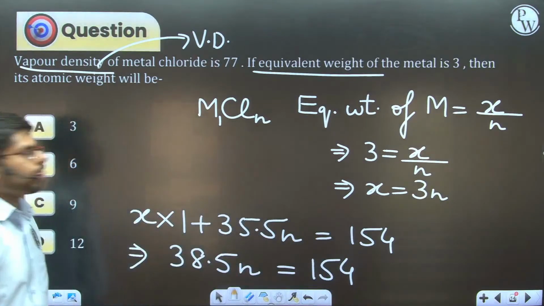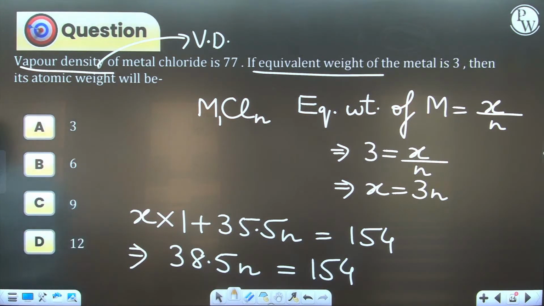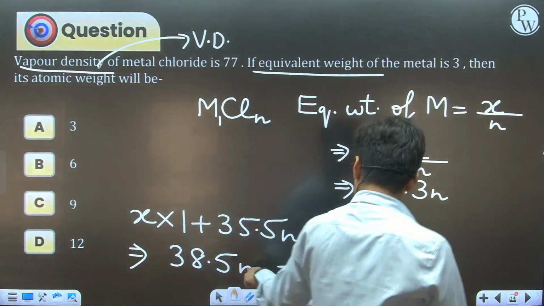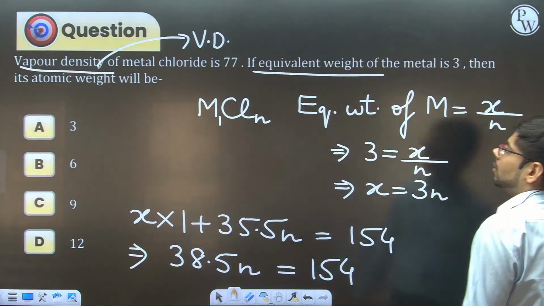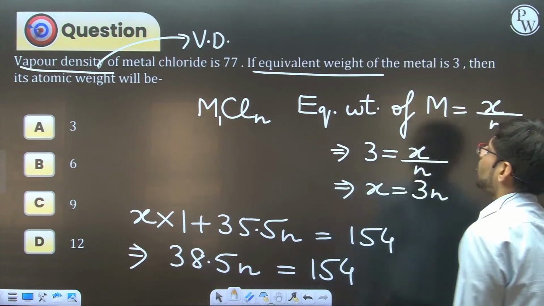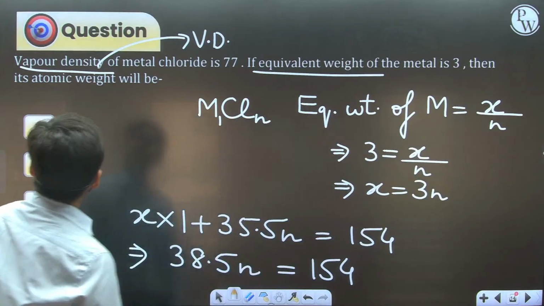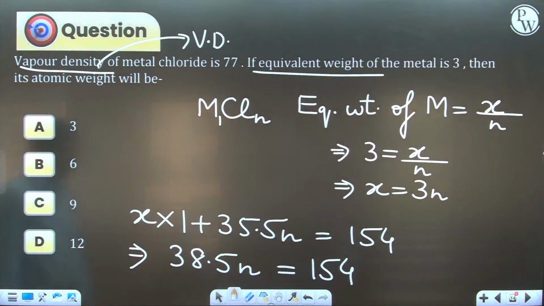So basically I have now one variable with me, that is N. Now what they have asked us, what is the atomic weight? Fine.